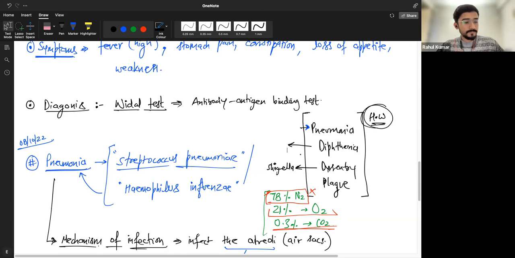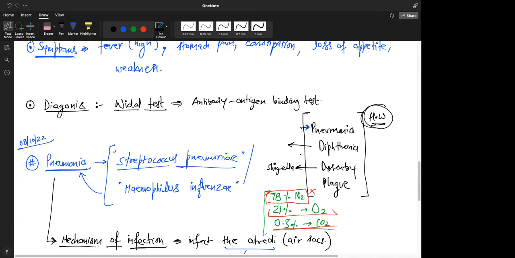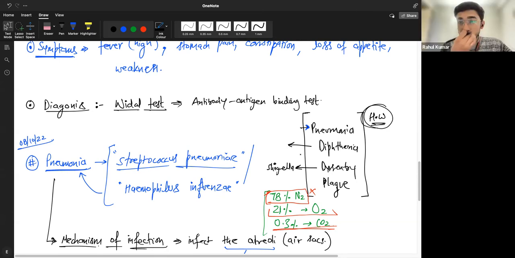Diphtheria, what is diphtheria? Quickly, the same things. Someone should tell all these things now about diphtheria. It's caused by the bacterium Corynebacterium diphtheria or something. So what is diphtheria, first of all?